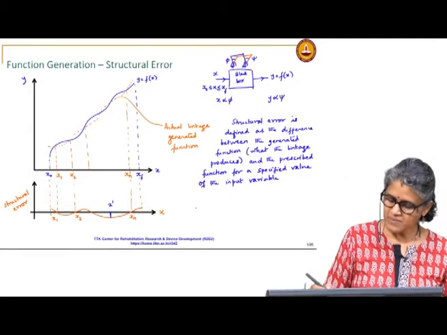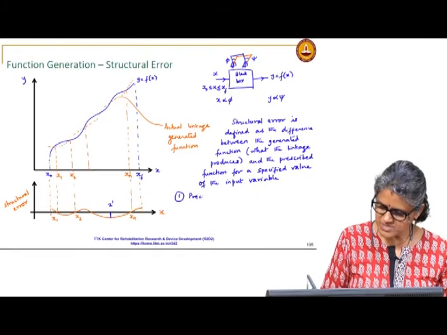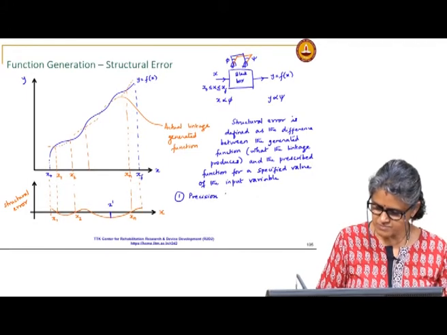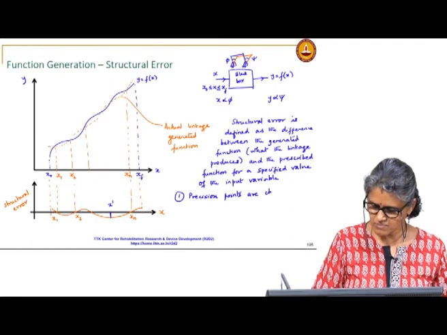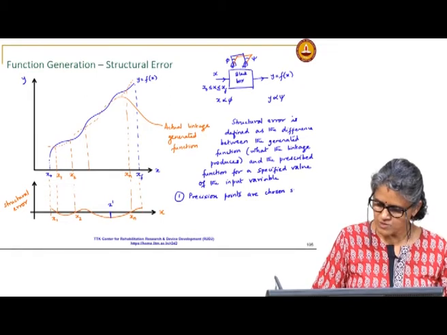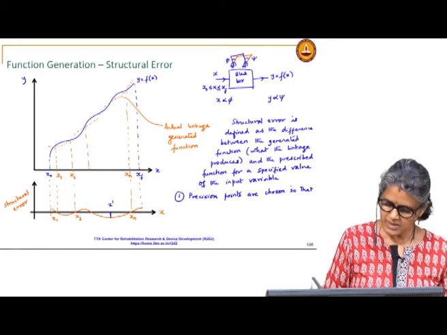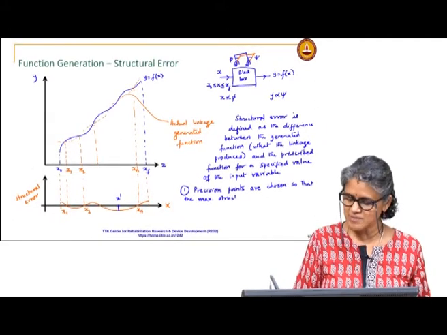One is you choose the precision points so that the maximum structural error is as small as possible.